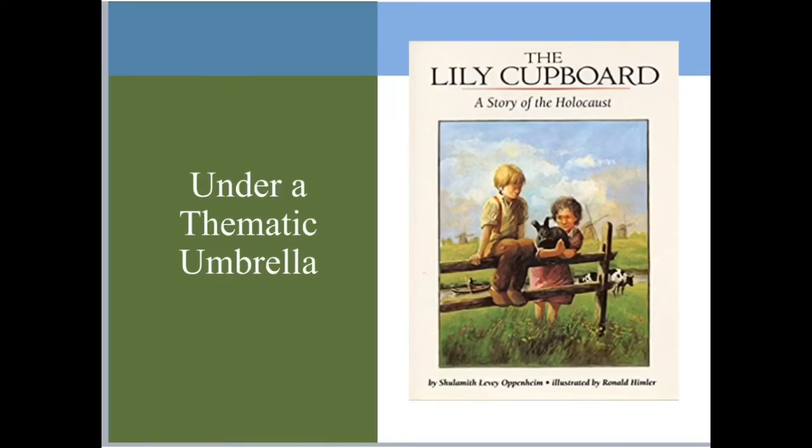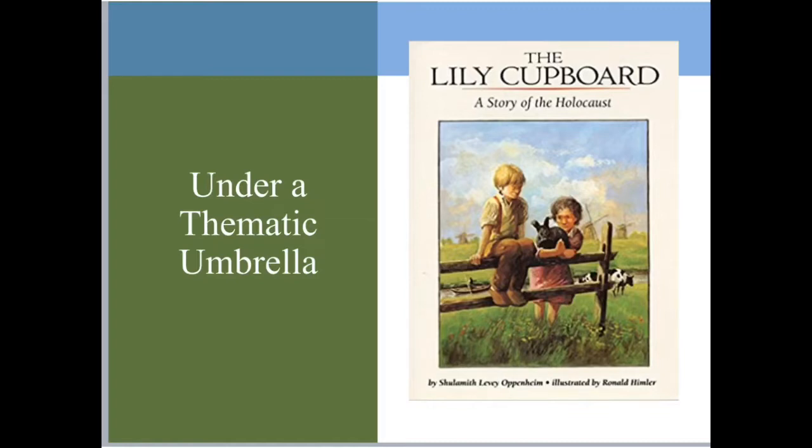We are going to look at theme in this book called The Lily Cupboard, a story of the Holocaust. And with this, we are going to not only choose themes that pertain to this particular book, and we've talked about how you can have more than one theme, but we're also going to find other stories that we've read, and we are going to think about a huge umbrella, right?